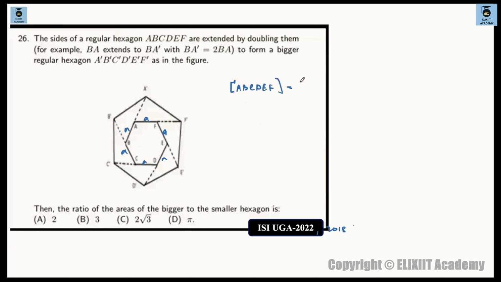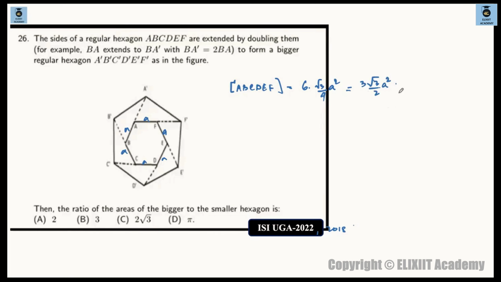Area of the smaller hexagon will be how much? We have a direct formula. So 6 times root 3 by 4 a square. Simply, directly 6 times root 3 by 4 a square. Simplified, many students remember this formula as 3 root 3 by 2 a square.